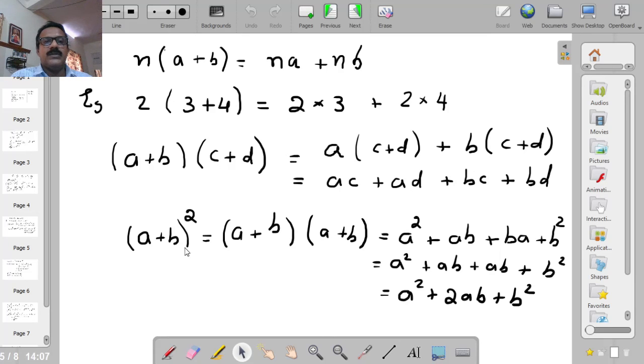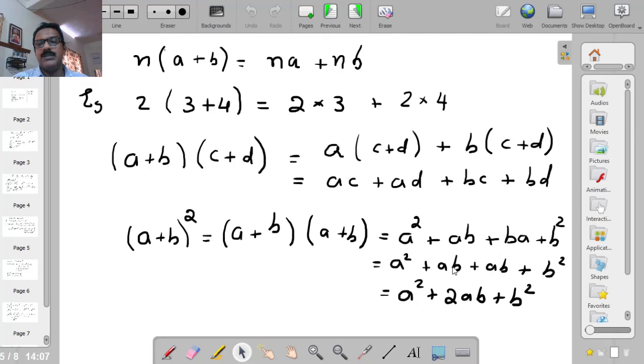Now this is a special case of a plus b into c plus d. See, instead of c plus d we have a plus b again. a plus b times a plus b. In the same way we have to multiply. We get a into a, a squared, a into b, ab, then b into a, ba, b into b, b squared.